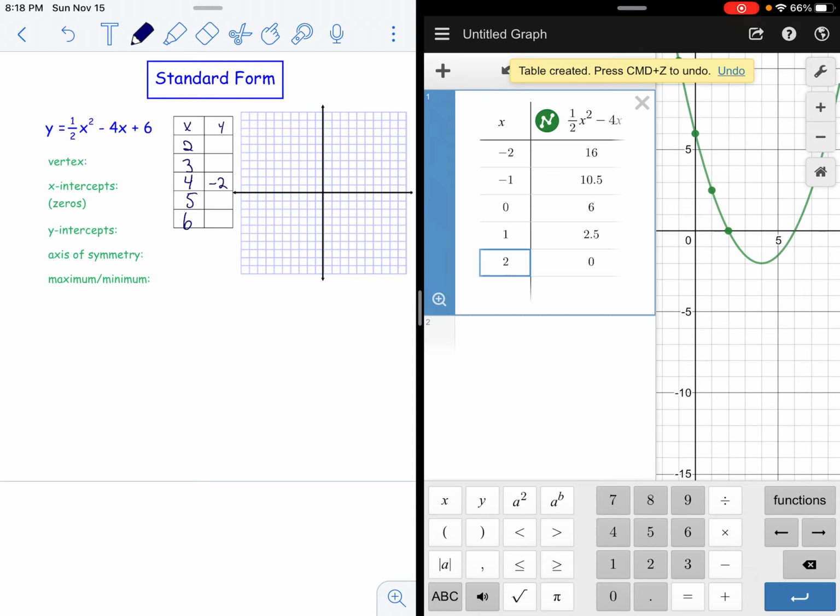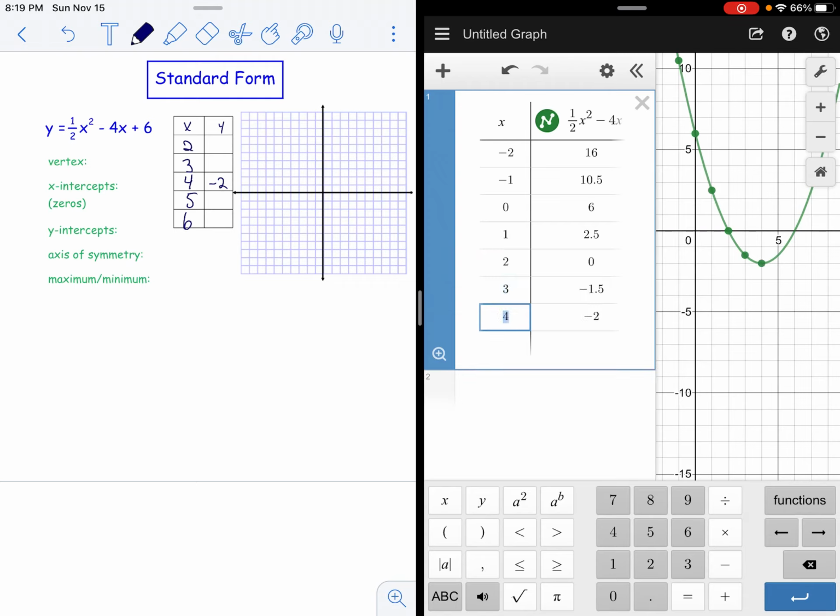Now, if you notice, it automatically picks negative 2 to 2, which we don't want. We want to use the ones that we picked. So if you go down to the last one and just hit enter, it'll go 3, 4, 5, 6. And then if you don't like those, you could type in whatever you want for x. If we wanted 14 for x, you could do that. But we want 2, 3, 4, 5, and 6.